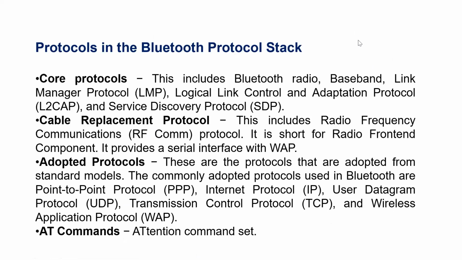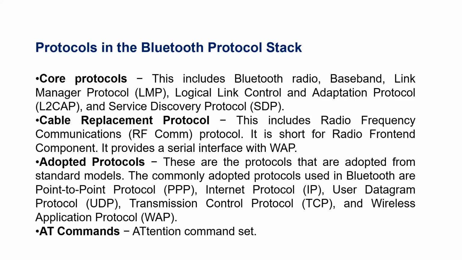Okay, now once again we are going to see how these protocols are categorized. We have already seen the different types of protocols, that is, the set of rules used in Bluetooth for establishing communication between devices and at the same time establishing a personal area network among Bluetooth enabled devices. These protocols can be divided into different types.